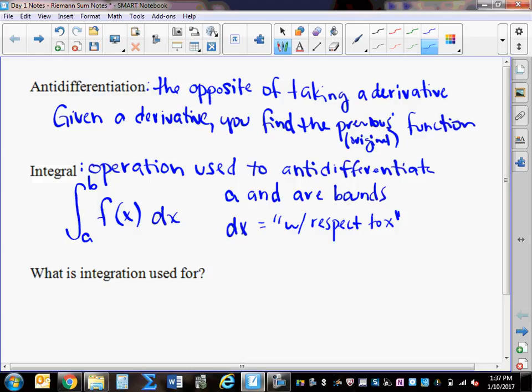So the derivative was finding the slope at any given point in time. Taking the derivative allowed us to find our slope. Well, integration is used to find the area under the curve. So what is integration used for? It is used to find the area under a curve.